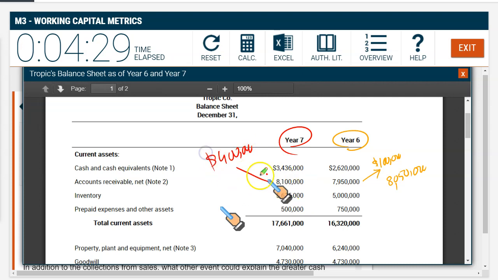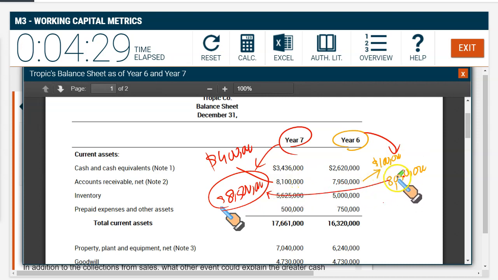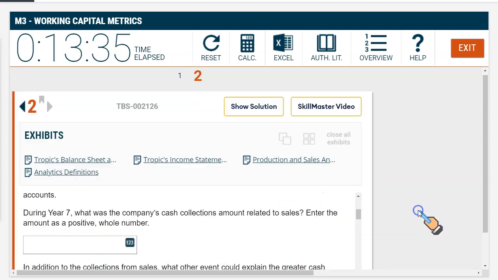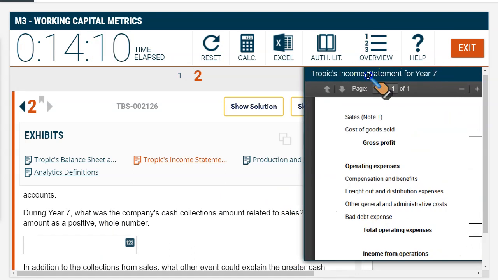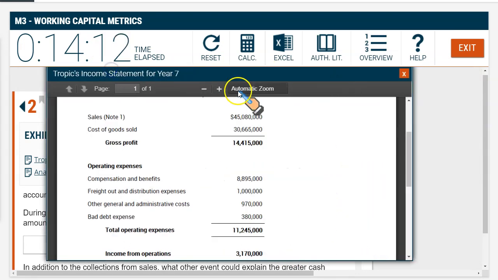That will give you the total of 8.5 million. So this is the gross balance in year 7, and the gross balance in year 6. Your account receivable balance has gone up from 8.05 million to 8.5 million. So this difference is $450,000.